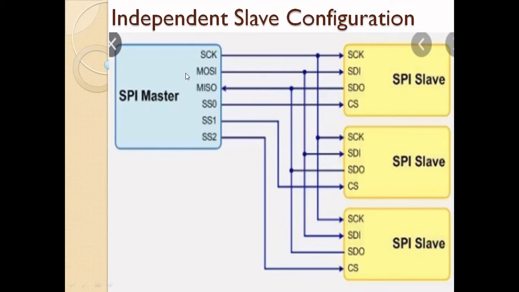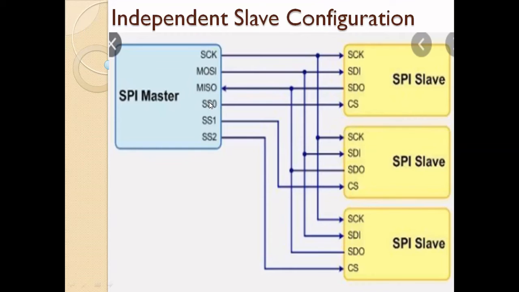So what will happen is, if I send one data on master out slave in, this pin is called the transmitter pin. Here I will transmit the data. It is sent to this particular device only, because slave 1 and slave 3 are disabled. Only slave 2, Ajay, is enabled, so he will receive the data.